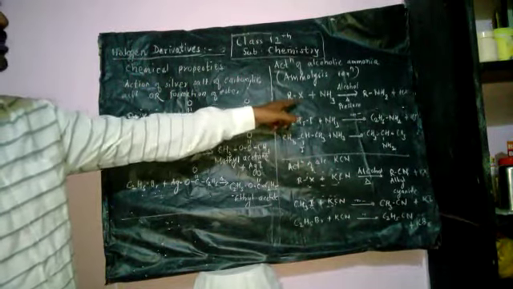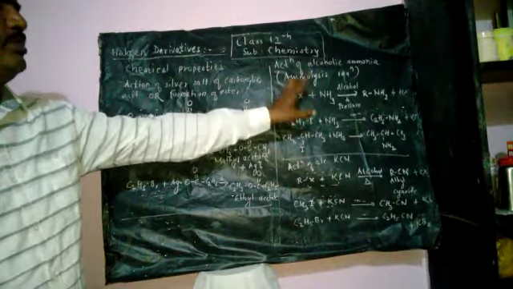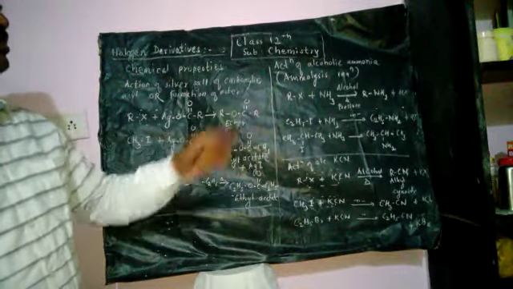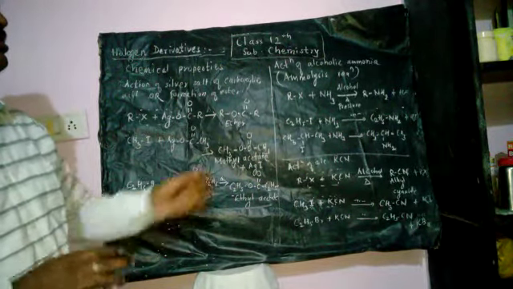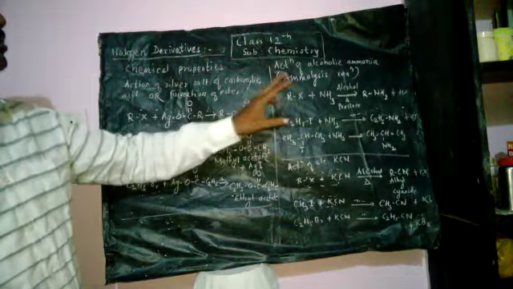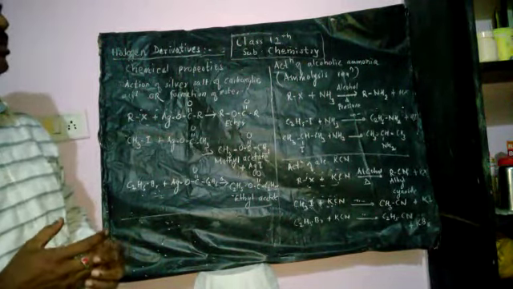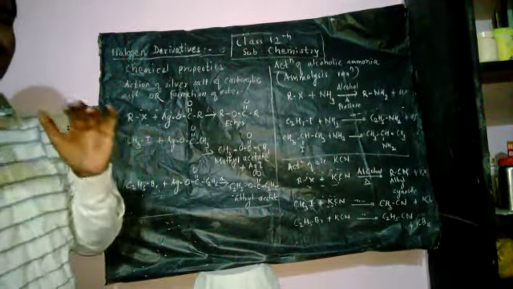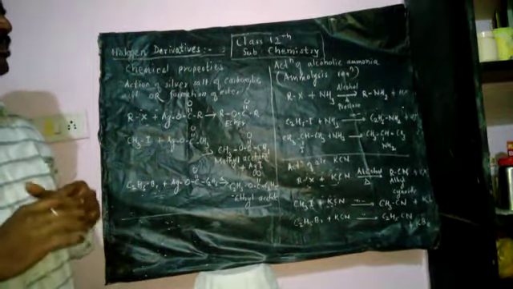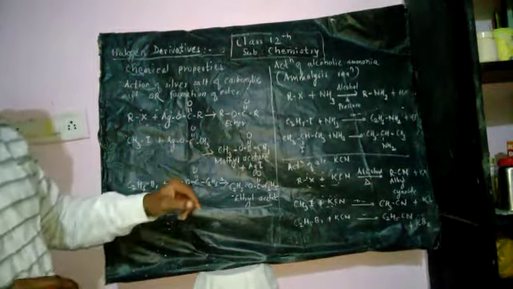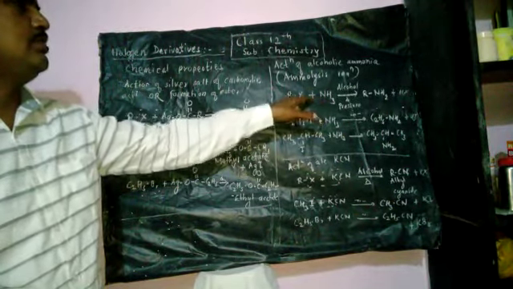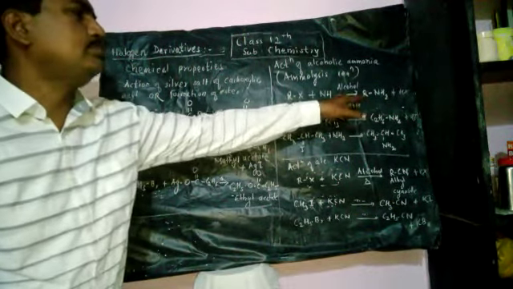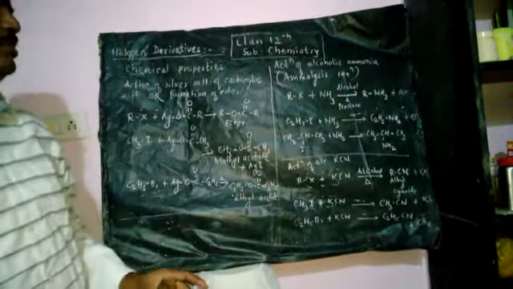When alkyl halide is heated with alcoholic ammonia, ammonia gas passed in alcohol under pressure, then primary amine is obtained. Here hydrogen atom of NH3 is replaced by alkyl group, so primary amine is obtained.